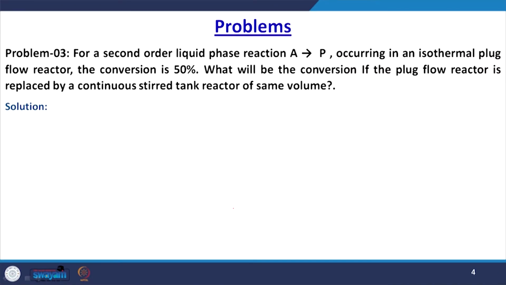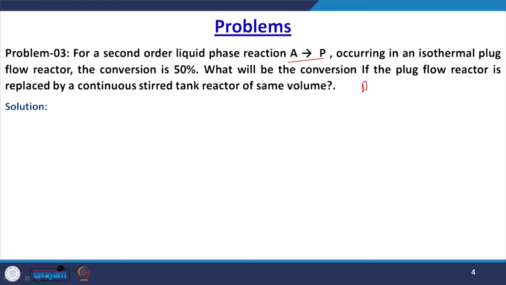Now let's take another problem, that is for a second order liquid phase reaction, A is converting to P, occurring in an isothermal plug flow reactor, where the conversion is 50%. You need to find out what will be the conversion if the plug flow reactor is replaced by a CSTR of the same volume.